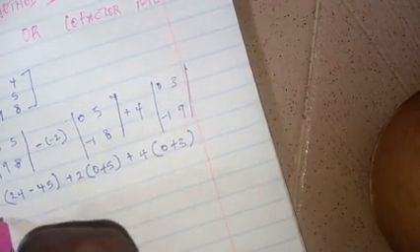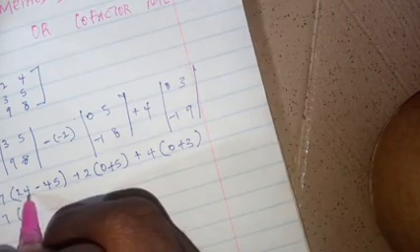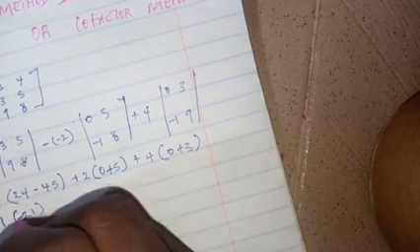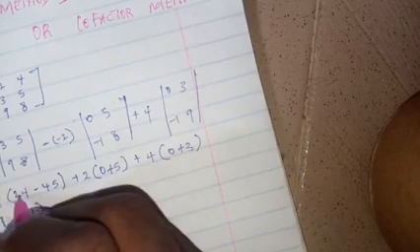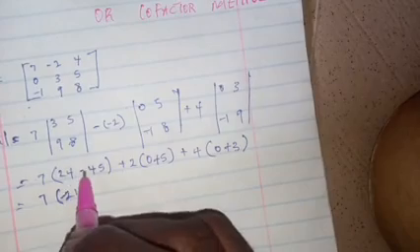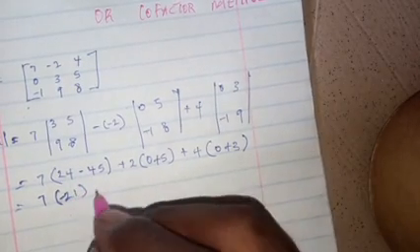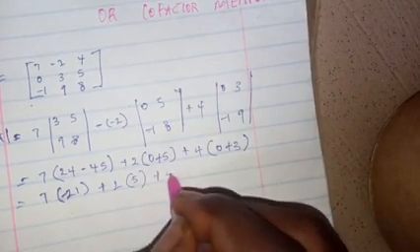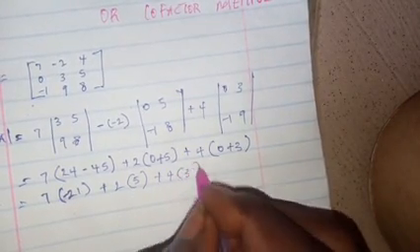So this is equal to 7 into bracket of 24 minus 45 is minus 21, plus 2 multiplied by 5 plus 4 multiplied by 3.